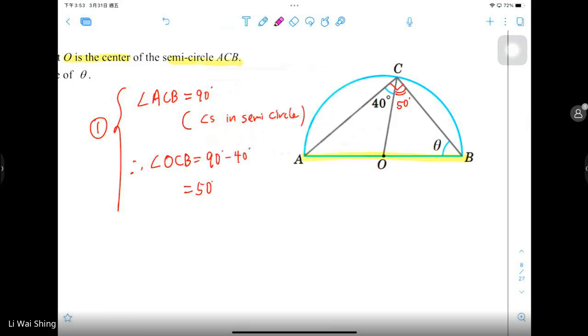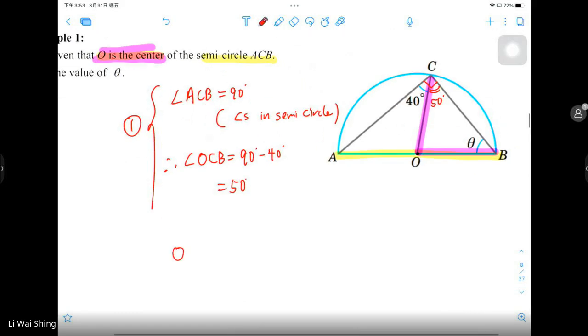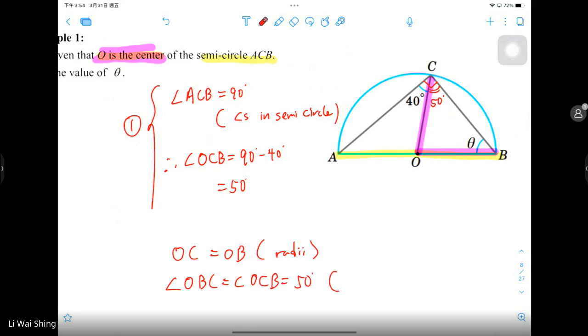In order to find theta, you see that OC equals to OB, because O is the center. So the second part, OC equals to OB by using radii. Angle OBC equals to angle OCB equals to 50 degree. Base angles isosceles triangle. Theta equals to 50 degree.